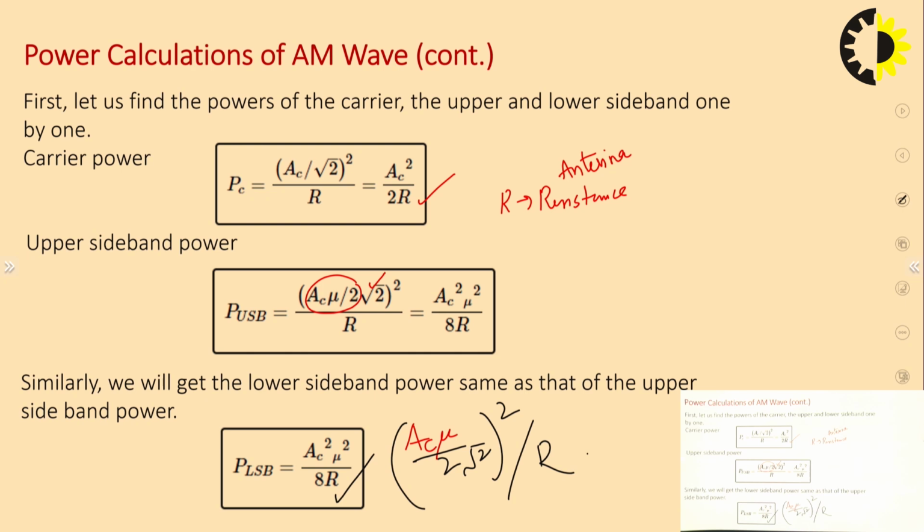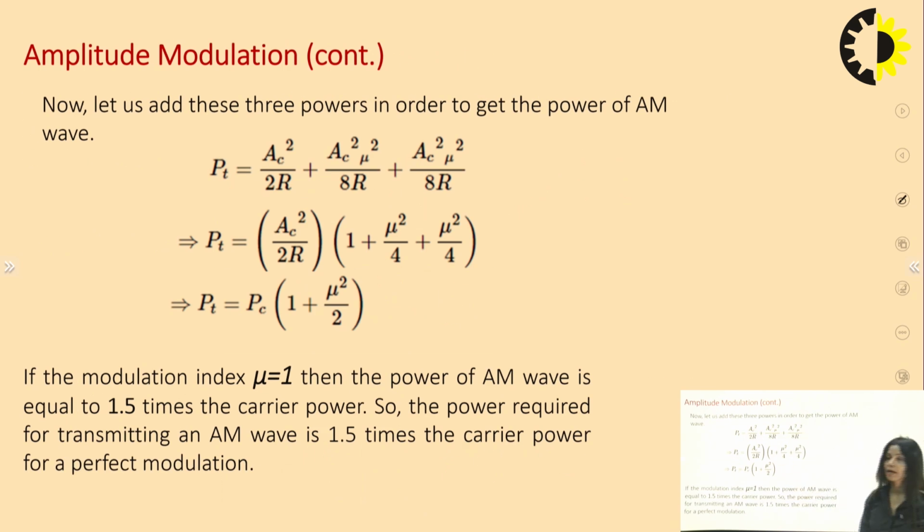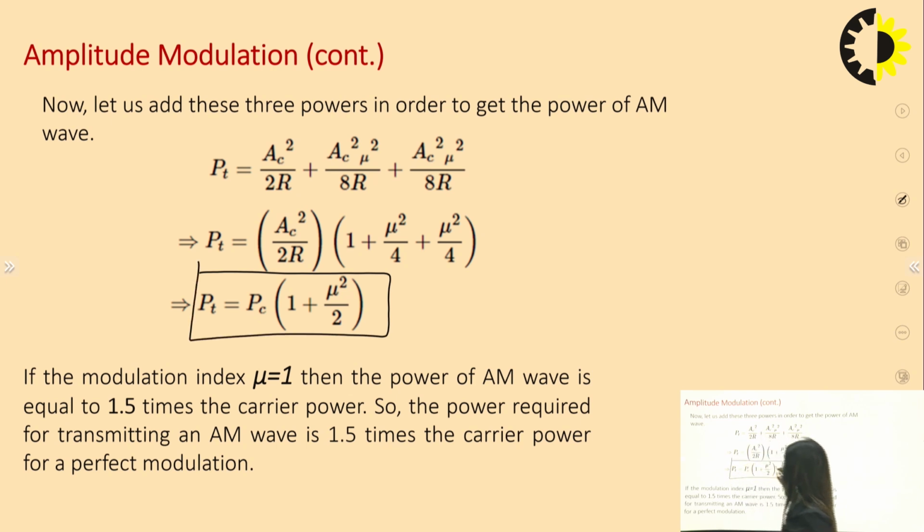So we can calculate the total power by adding the carrier power plus USB power plus LSB power, and that comes out to be PT is equal to PC into 1 plus mu square by 2.